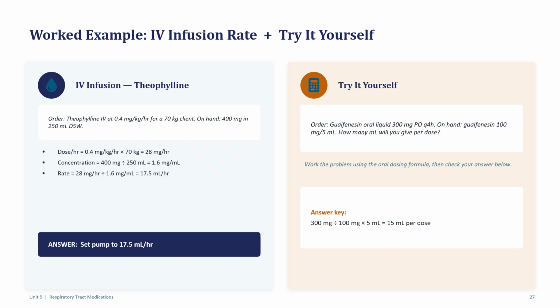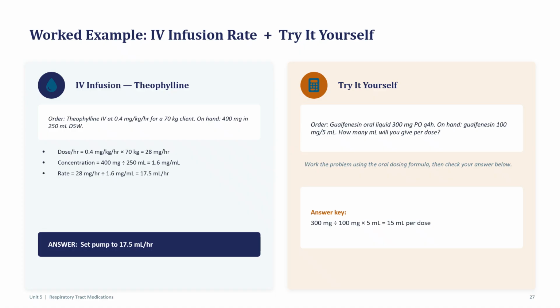So let's combine some skills and talk about IV infusion rate, the way you would see it happen on the unit you're working on. Theophylline is ordered IV at 0.4 milligrams per kilogram per hour for a 70 kilogram patient, with 400 milligrams in 250 milliliters of D5W on hand.